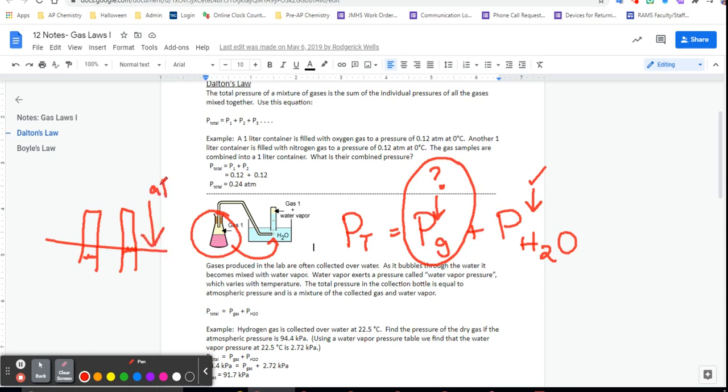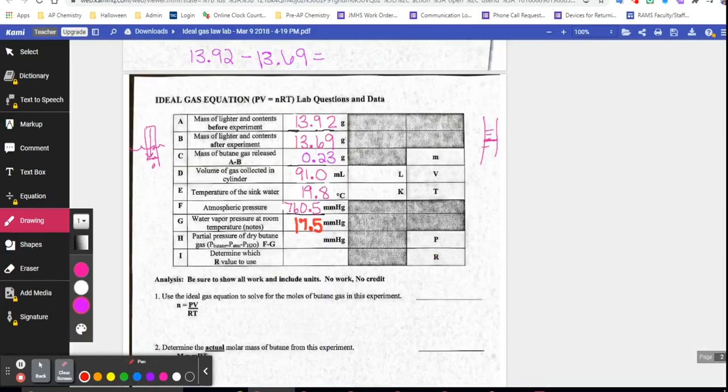What this took care of was equalizing it with the atmospheric pressure, and therefore that volume is now usable. So all that we're going to pay attention to here was the fact that we read it off a barometer, which was our pressure of our atmosphere. We didn't measure it in atmospheres, but in millimeters of mercury, and that's what we're going to be using for this step.